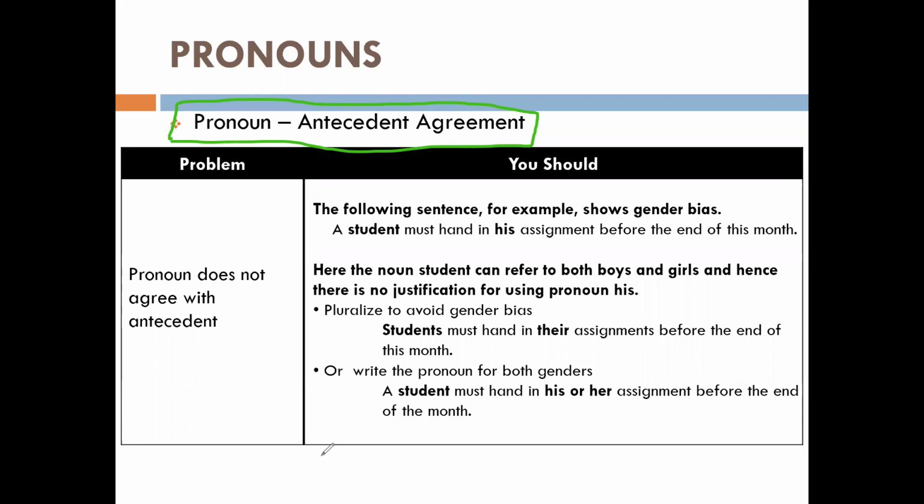So pag pinalitan, audience share, it lang yan, nagiging they. Kasi akala nila male and female pa rin yung mini-measure. So be careful. Kung ano yung noun na nauna, dun mag-a-agree yung pronoun. Kaya nga antecedent eh. Yung word na nauna sa kanya, dun siya mag-a-agree. Noun, pronoun, antecedent agreement.